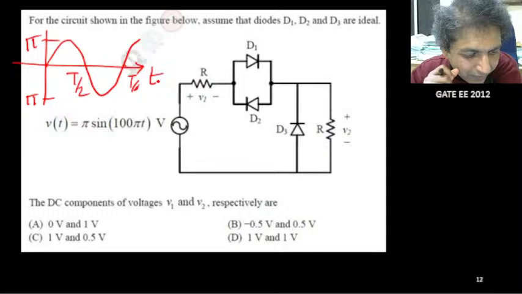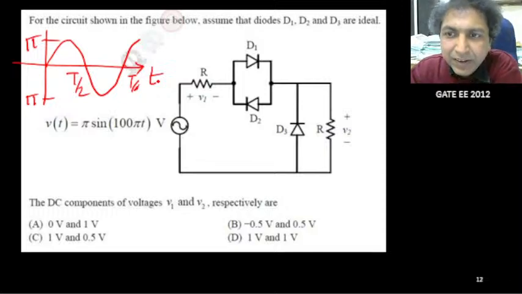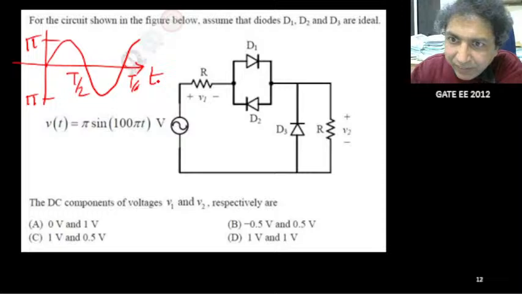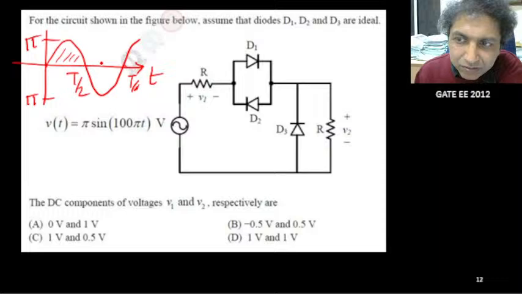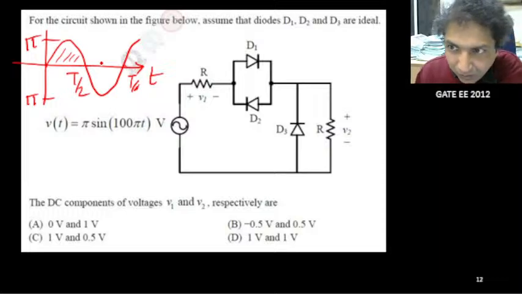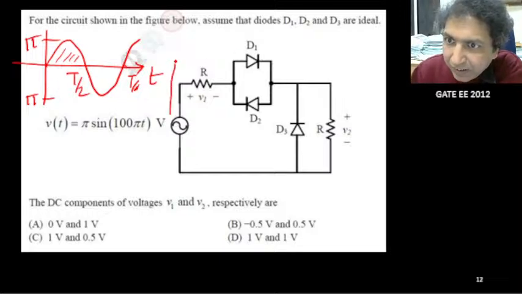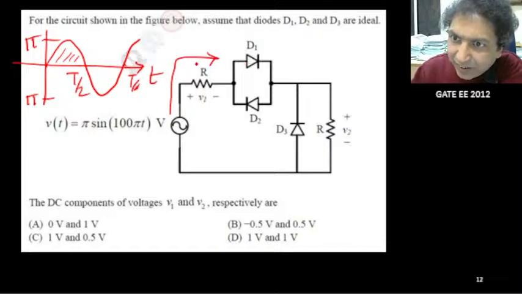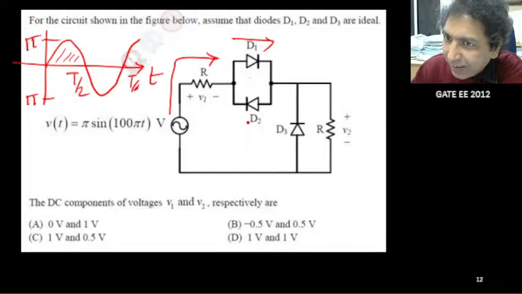Okay. Anybody can please tell me, in the positive half, in this region, which diode is on or which diodes are on? Only D1, because for positive half, the current will flow like this, left to right, and only D1 will allow. So it is fine. Okay. So here only D1 is on.